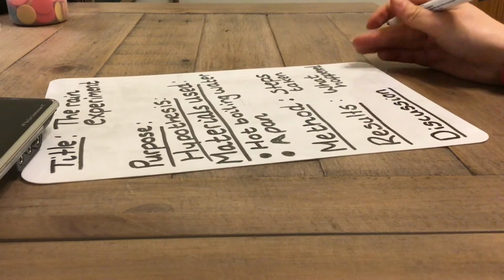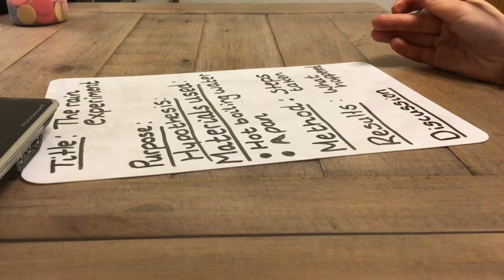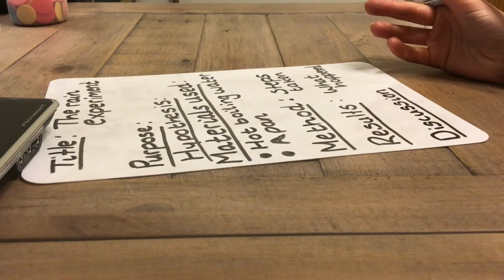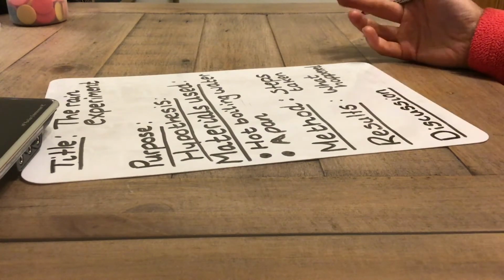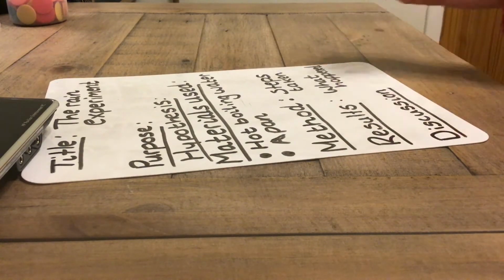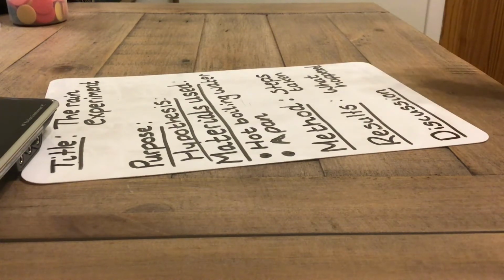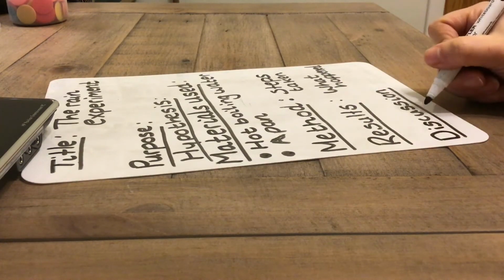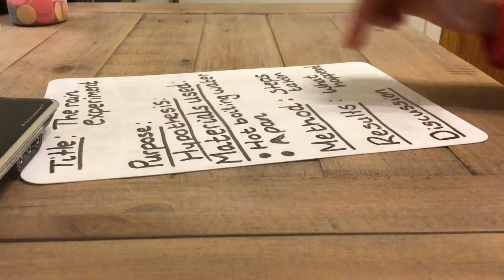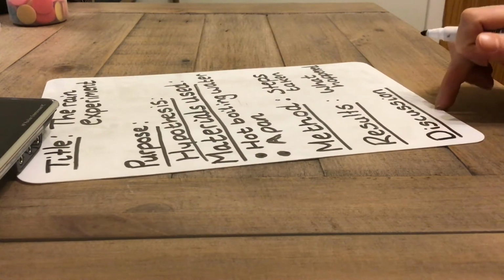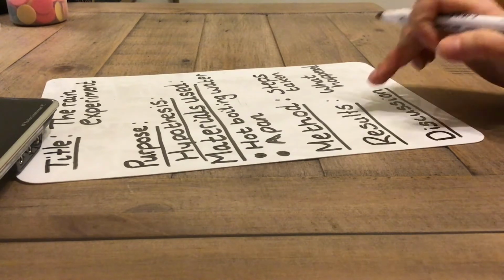Or if you thought, I thought the water was going to get hot and rise. That would be correct, but then you could add on to that it started to evaporate into the air. So that's where in the discussion you reflect on what your guess was and basically whether your guess was correct or not based on the results.